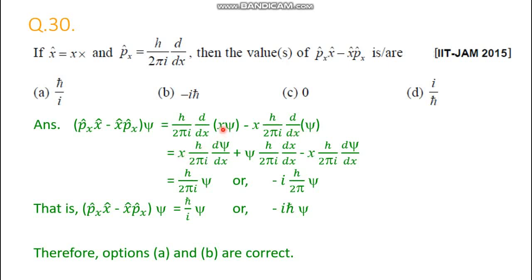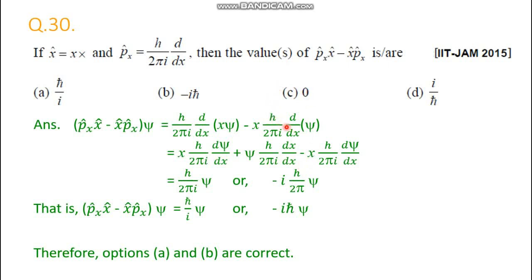Here we get two terms, because one is x, another is psi. So for x we get one value, and for psi we get another value. For x constant we get x into h by twice pi i, differentiation of psi with respect to x, plus for psi constant, psi into h by twice pi i, differentiation of x with respect to x.